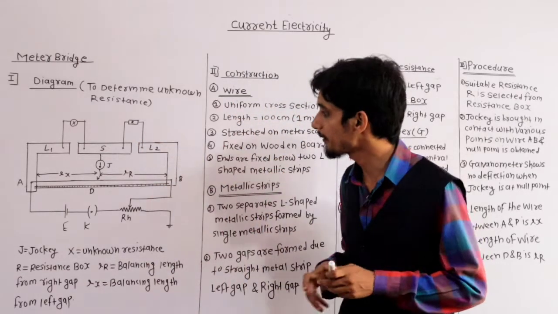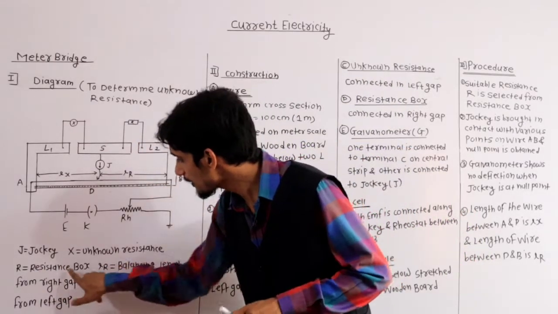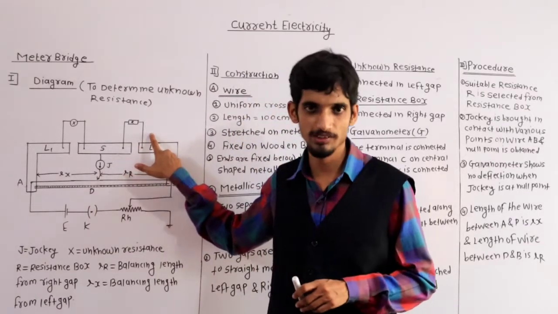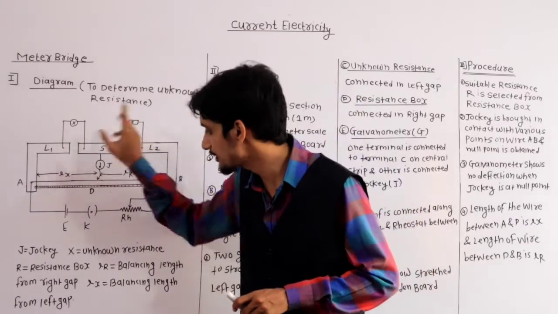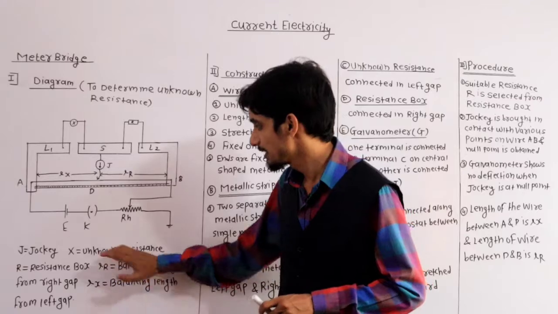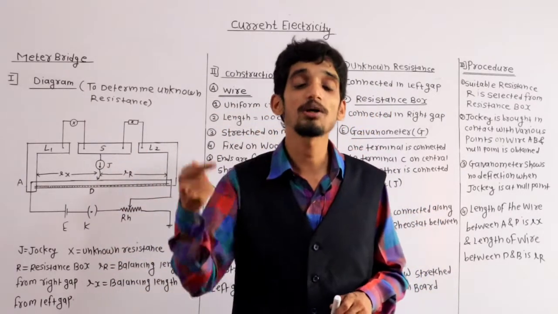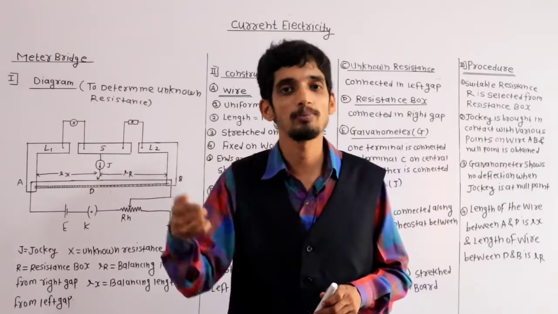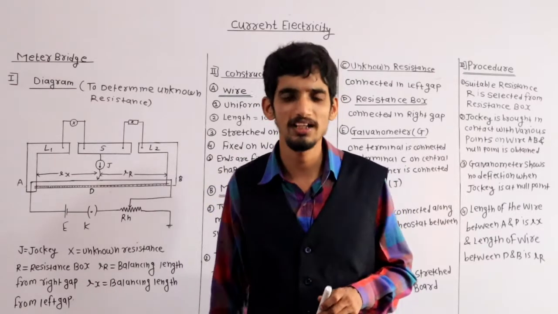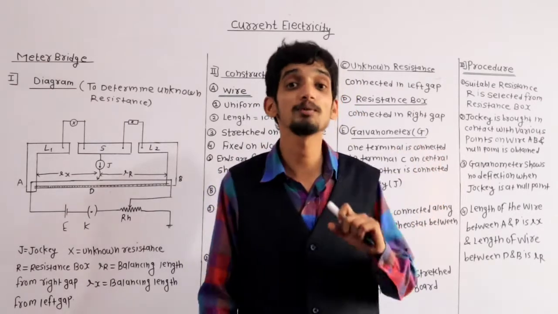Clear? Okay. Now this R is the resistance box. This is a known resistance, X is an unknown resistance, then J is the jockey. That jockey is tapped at various points on the wire, which I will discuss when I discuss the procedure.